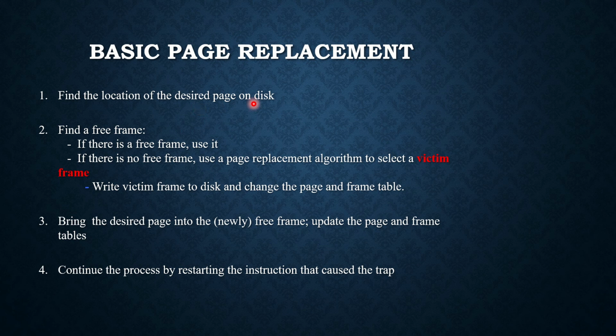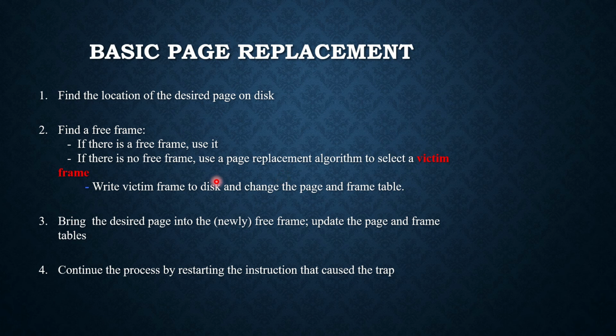Once it finds the page on the disk, it will find a free frame where it has to copy that page into memory. If there is a free frame, it will copy to that free frame in the memory. If there is no free frame, it will use a page replacement algorithm to select a victim frame. That means, among those frames, it will find one frame, called the victim frame.